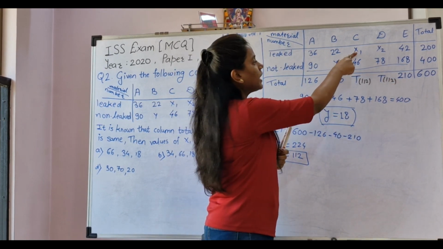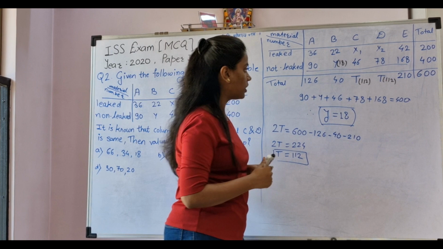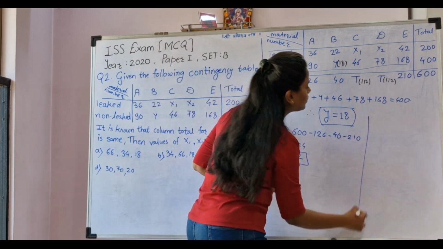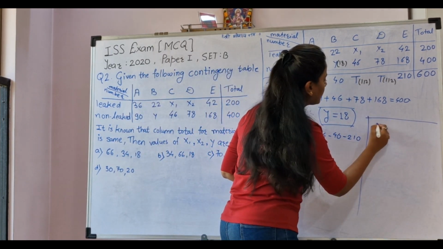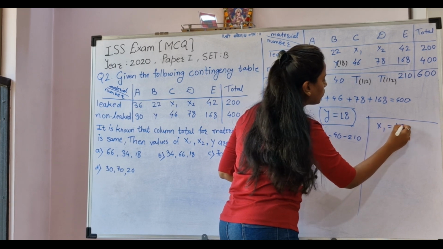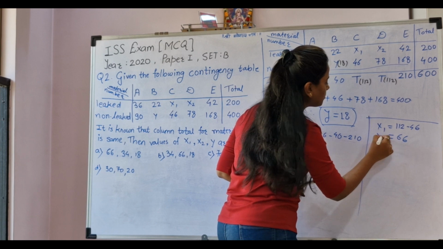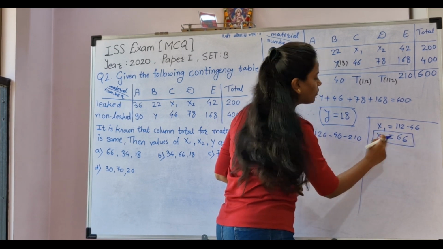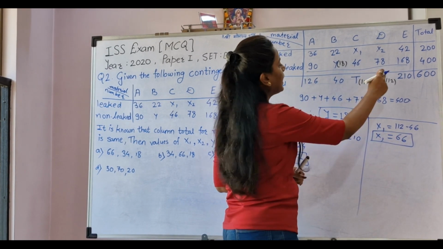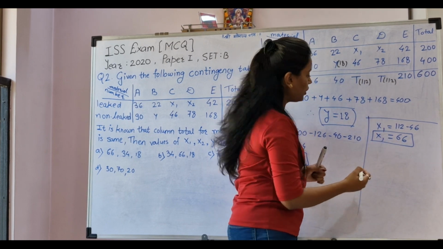Now again we can calculate x1 from this total. Here x1 equals 112 minus 46, and it is nothing but 66. So the value of x1 is 66.